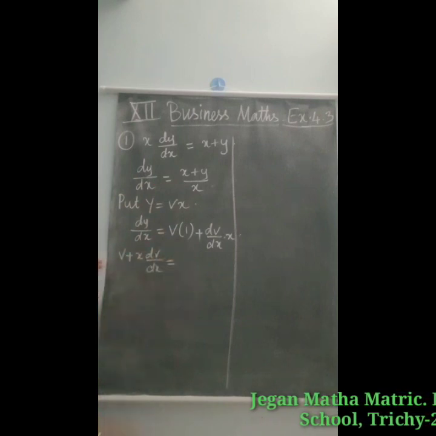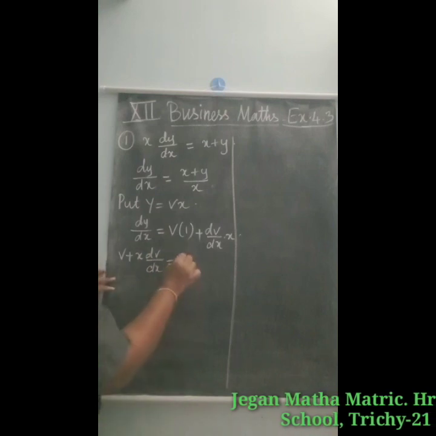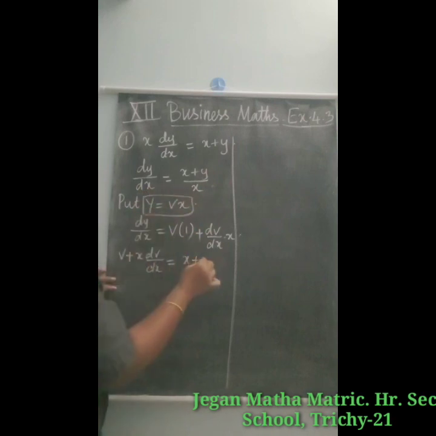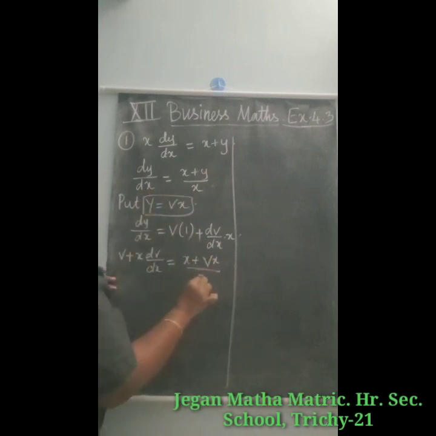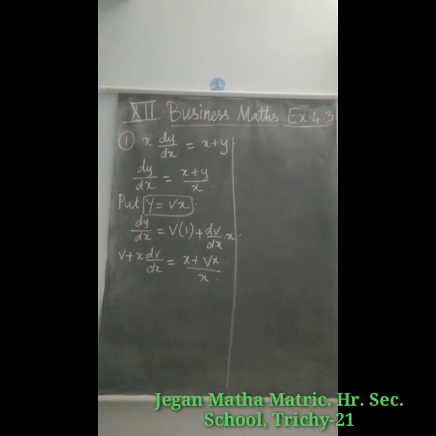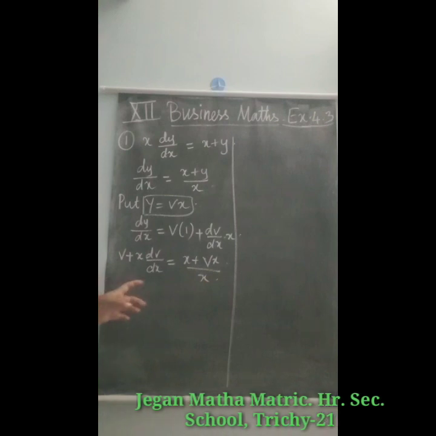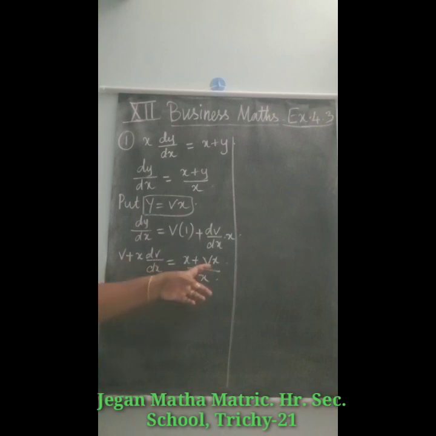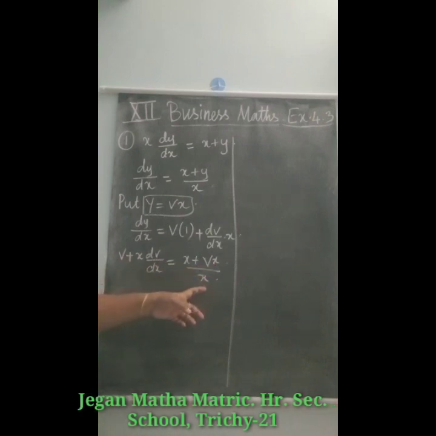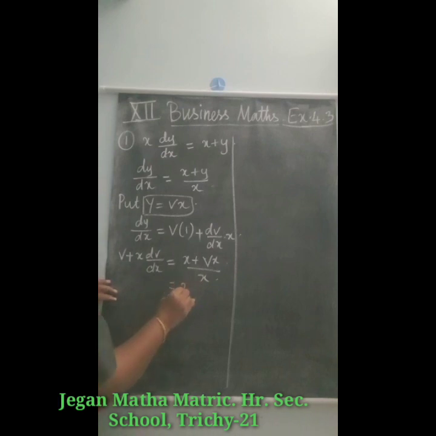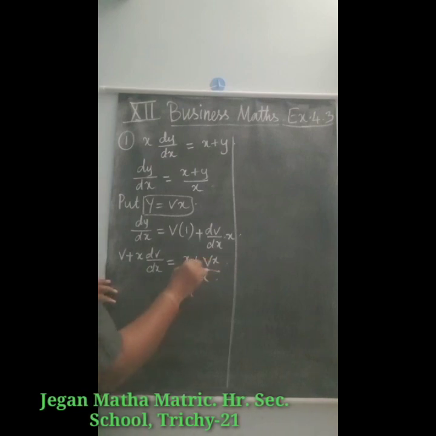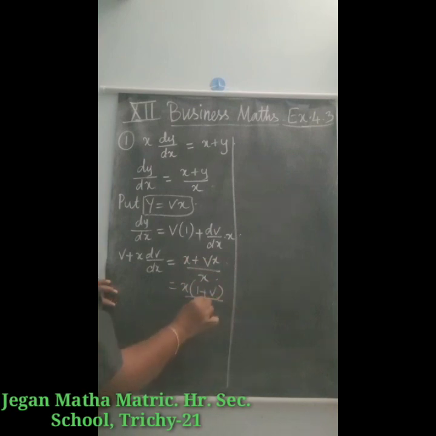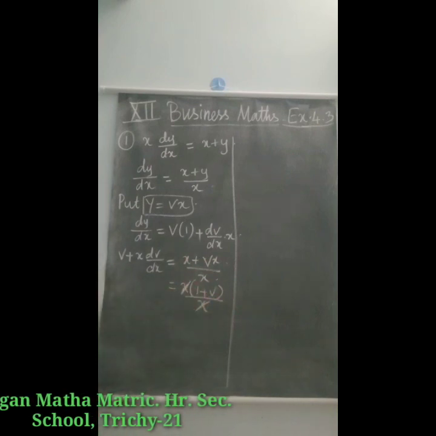dx is equal to x plus, what is y? vx. So, vx divided by x. Here, x plus vx divided by x. Here we have to take x out as common: x into (1 plus v) divided by x, x cancels.